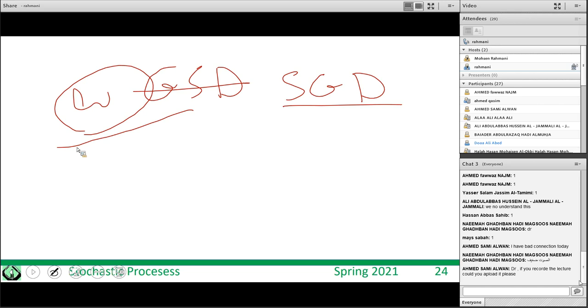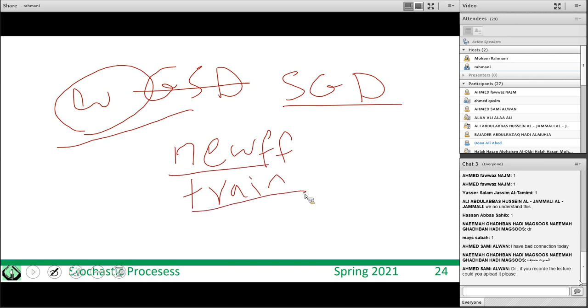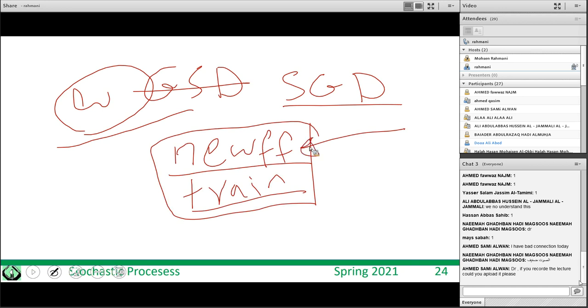Mostly we use the ready function in a programming language. For example, in MATLAB, as I said to you, we can use newff and then train. newff gets a function for me, and train is for finding the W's.